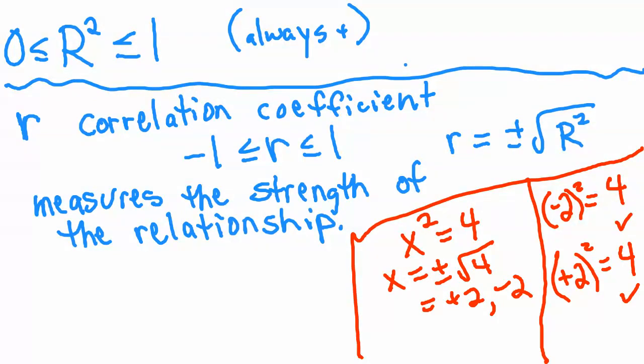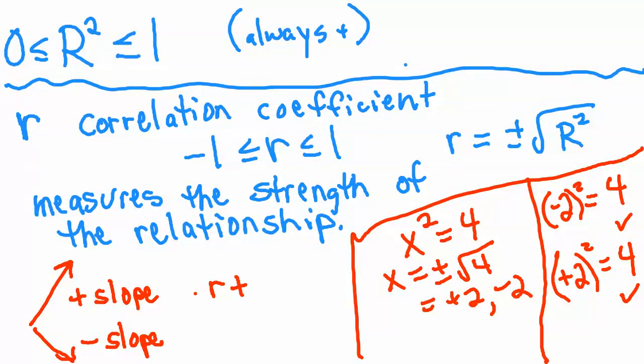Now, how do you decide which one is which? If the line is increasing, if it has a positive slope, then r is positive. If the line is decreasing and has a negative slope, then r is negative. So the closer r is to 1 or -1, that's a perfect correlation. 1 or -1 is a perfect correlation. So you want r to be close to 1 or -1.